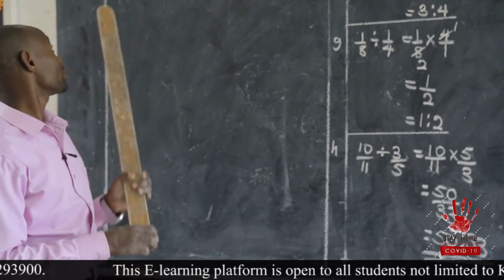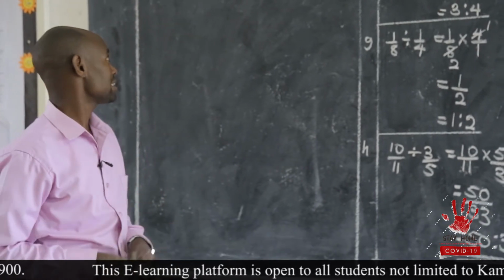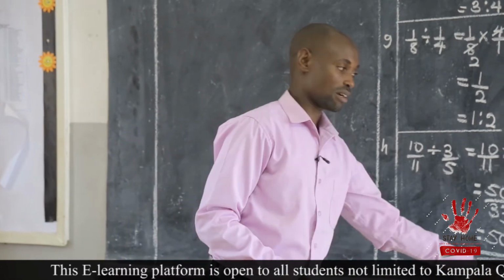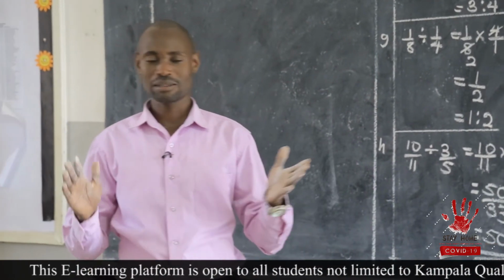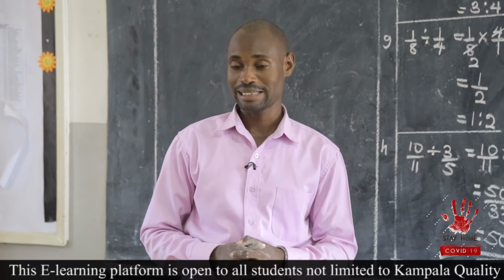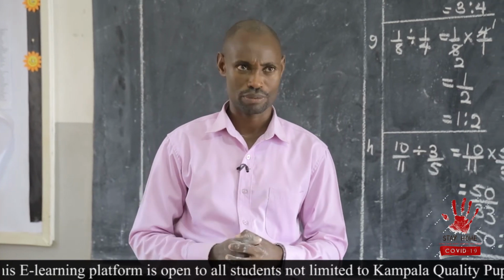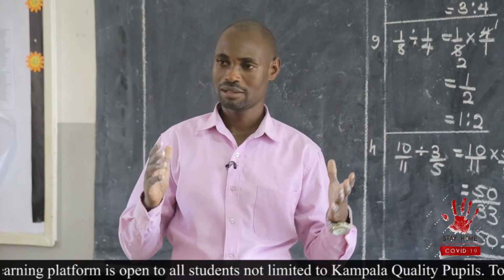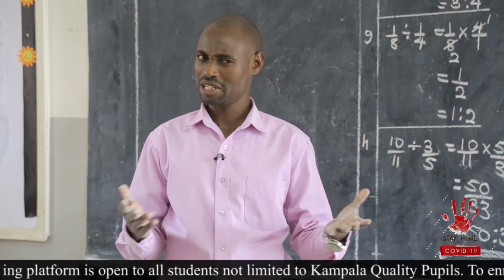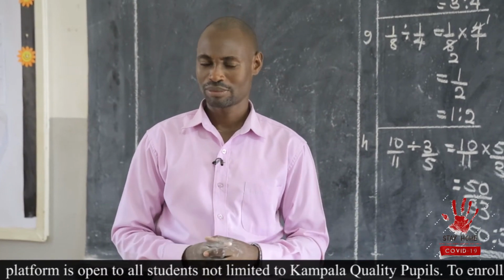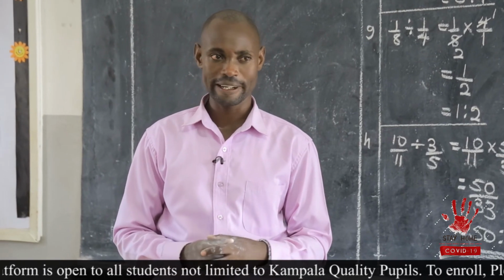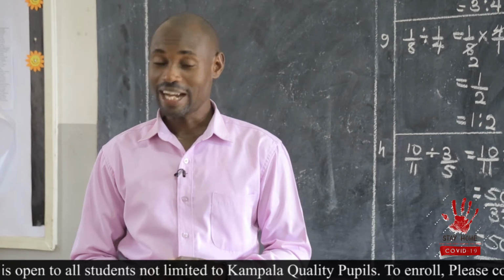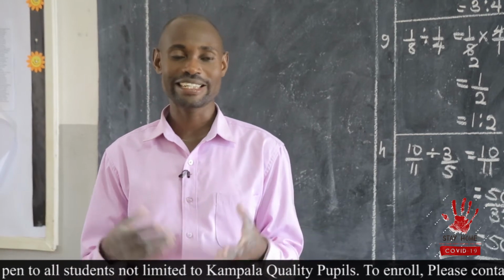So I urge you to pay maximum attention to me as I take you through a new subtopic, which is going to be expressing quantities as a ratio. We are going to learn how we can express given quantities as a ratio. Quantities are measured in different units. We can measure quantities in kilograms, in minutes, and in kilometers.